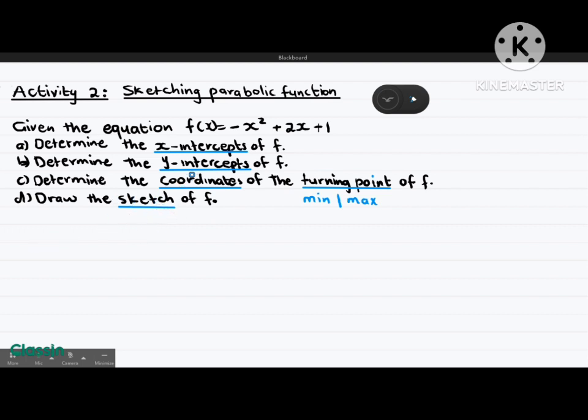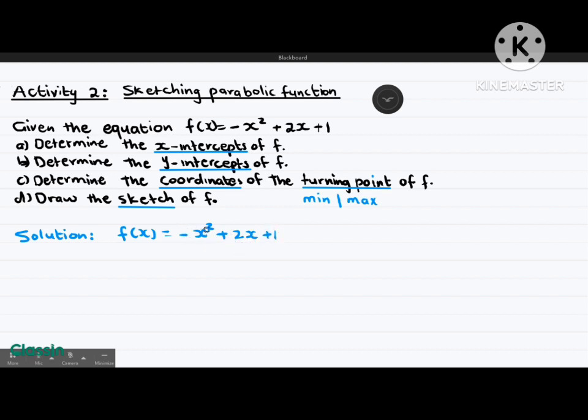Now, to begin with, let's go straight to our solution. We must first check the nature of our f of x, which is given by negative x squared plus 2x plus 1.